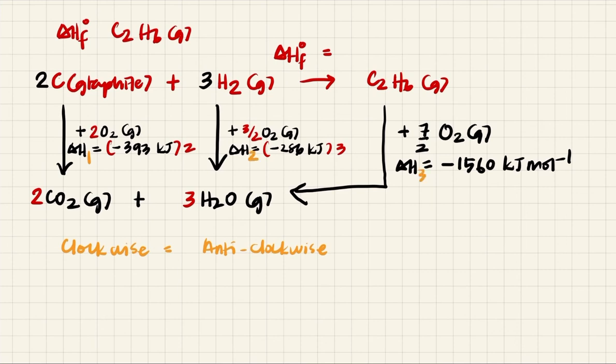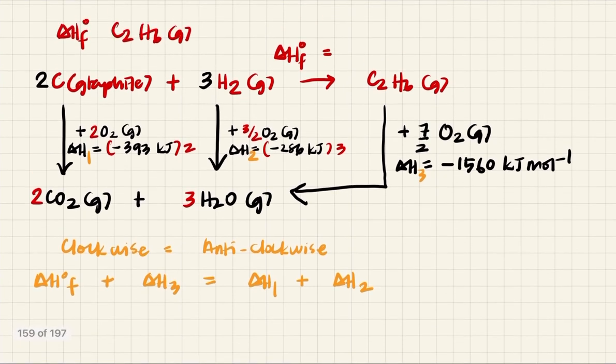And this will be delta H formation. Since clockwise equals anti-clockwise, we have our clockwise being delta H formation and also delta H3. So I'm going to write delta H not formation plus delta H3 equals anti-clockwise, which is delta H1 plus delta H2.